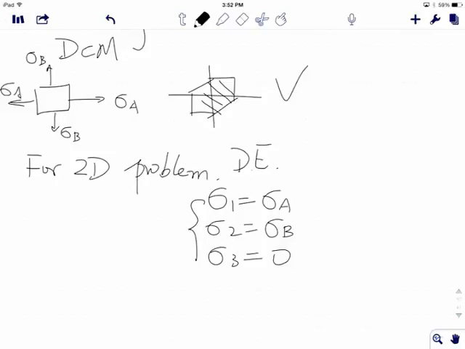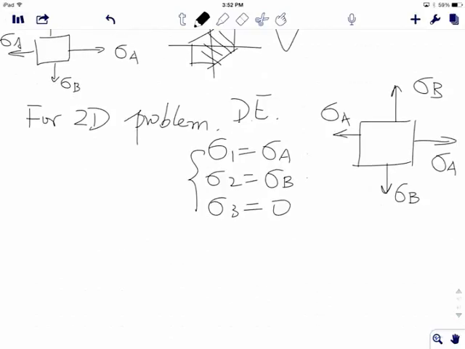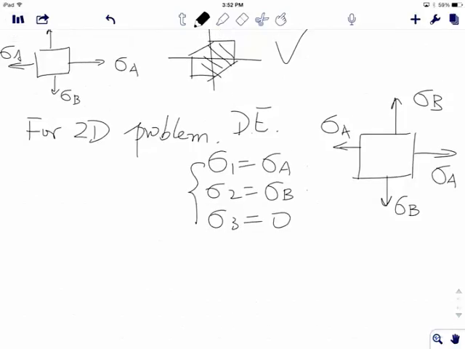Okay, so for 2D problem, the 1, 2 directions are just A and B. Sigma A, sigma B, sigma B, sigma A. Okay, and the 3 direction is 0, right? This is a perfect 2D case. Okay, now you plug it in.